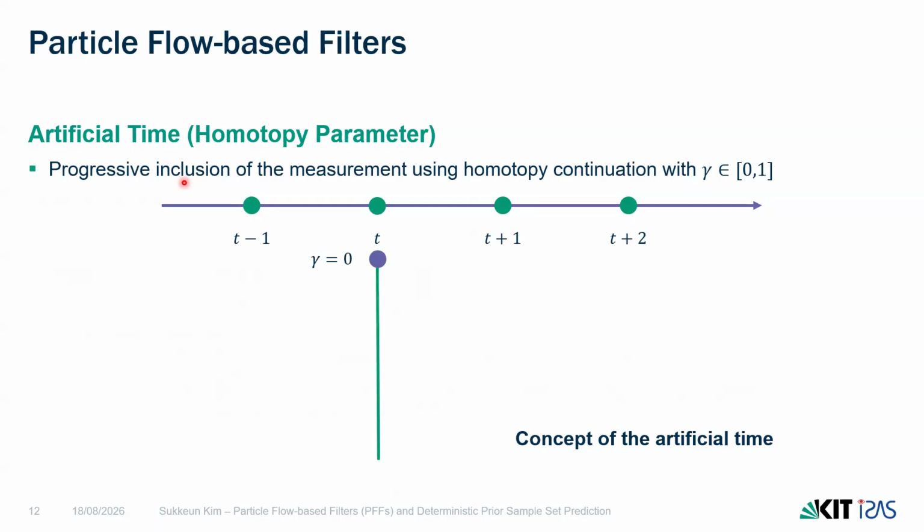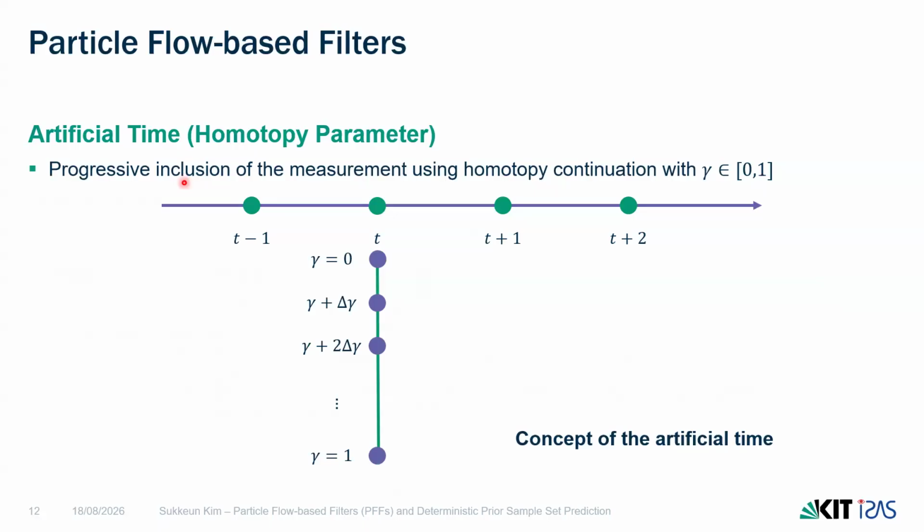So the homotopy idea is, at time step t in a discrete time system, let's say it starts from gamma equal to 0. Let's say gamma is the parameter for the homotopy continuation, and there will be gamma plus delta gamma, and then plus 2 delta gamma, and up to 1.